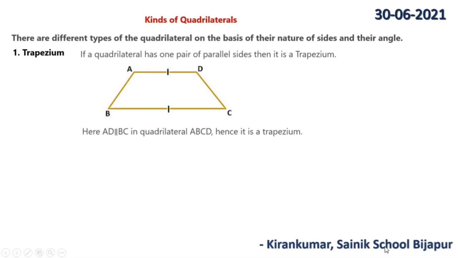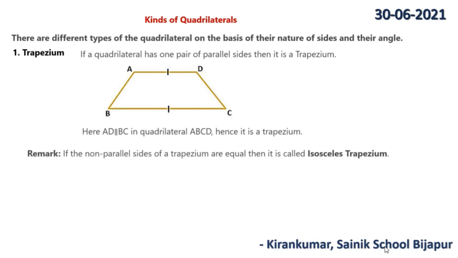In quadrilateral ABCD, AB and DC are non-parallel sides. If these non-parallel sides are equal, then the trapezium is named an isosceles trapezium. The next type is a kite.